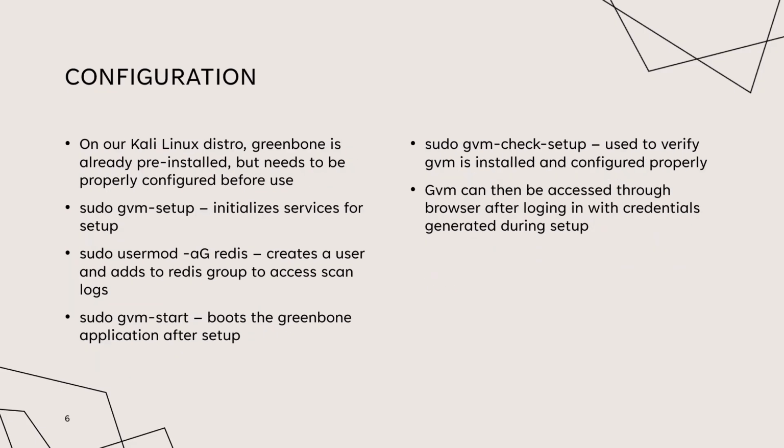The configuration process slumped me a little bit at first, but on our distribution of Kali Linux, it was already pre-installed. From then on, you just had to go through the restart and setup process using sudo gvm-setup to initialize services for setup, and thereafter create a user and password credentials, adding your user to the Redis group, allowing you to access scan results and logs.